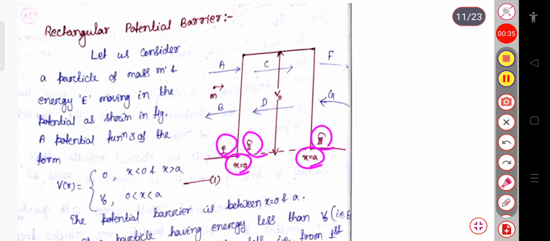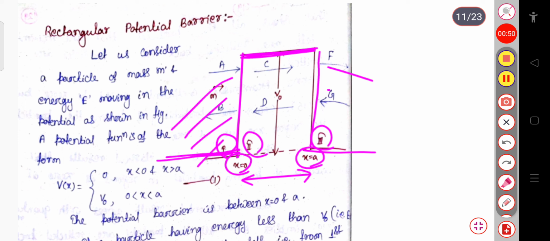In between x equal to 0 and x equal to a, the potential is V naught, and when x is greater than a and when x is less than 0, that is, in the first region and in the third region, the potential value is 0.